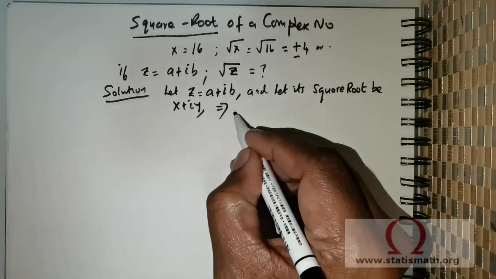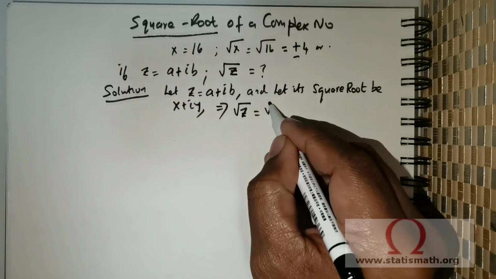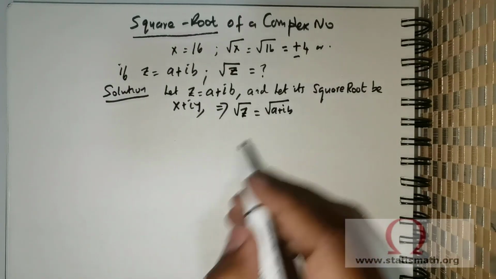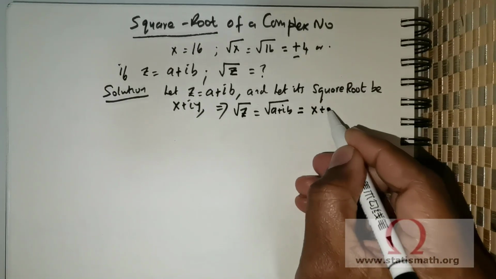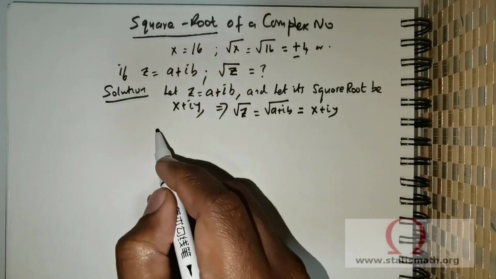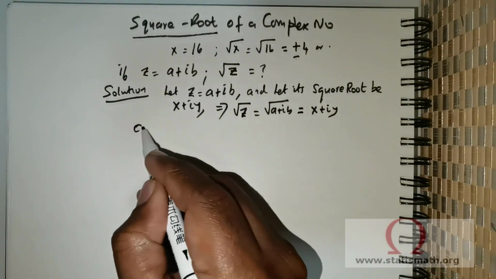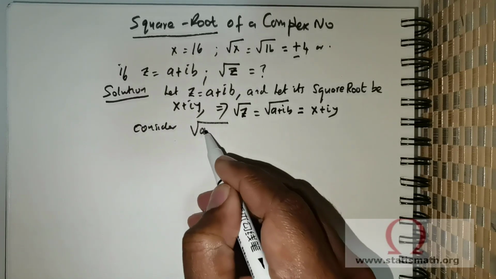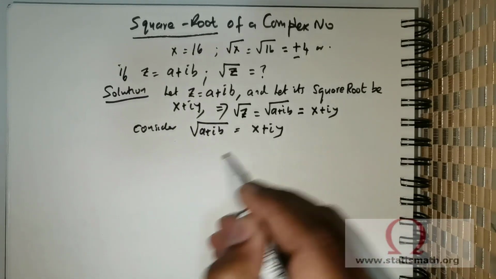The meaning is that root of z, which is the square root of a plus ib, is equal to x plus iy. So we start off by considering root of a plus ib to be equal to x plus iy.